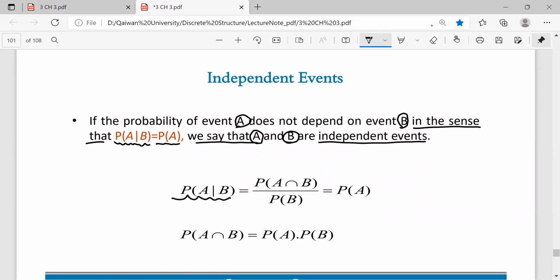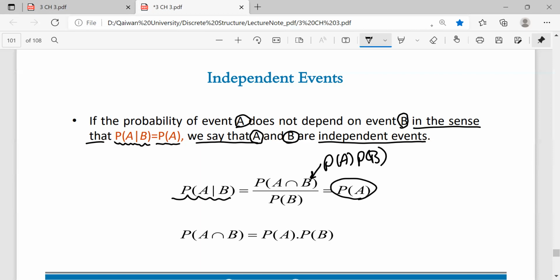Probability of A given B equals probability of A intersection B over probability B, which equals probability of A. Why? Because probability of A intersection B equals probability of A times probability of B. Why? Because these two events are independent.